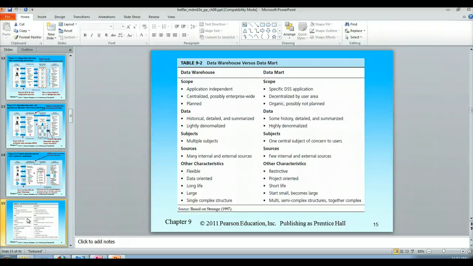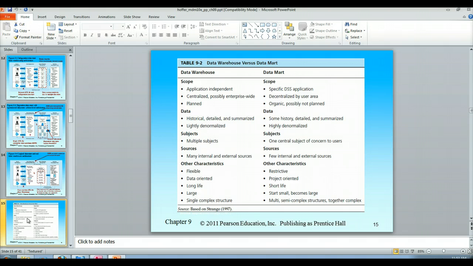And then the data in the data mart is mostly denormalized data because it's simply used for reporting purposes. And again, the data marts are typically dependent. So in that case, they can be highly denormalized because neither one of these needs to be very normalized, because the reason we normalize is to reduce or eliminate update anomalies. And since this is read-only data, we don't need to be normalized because it's not being updated. We don't have to worry about anomalies.